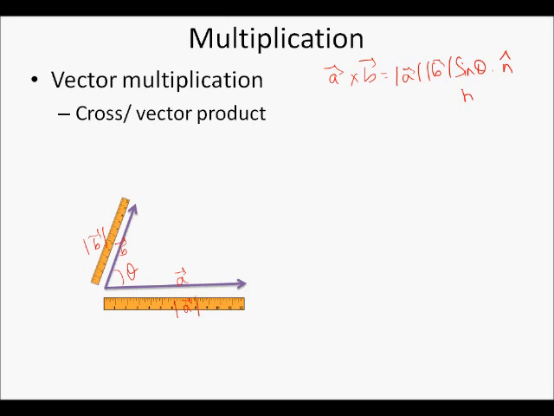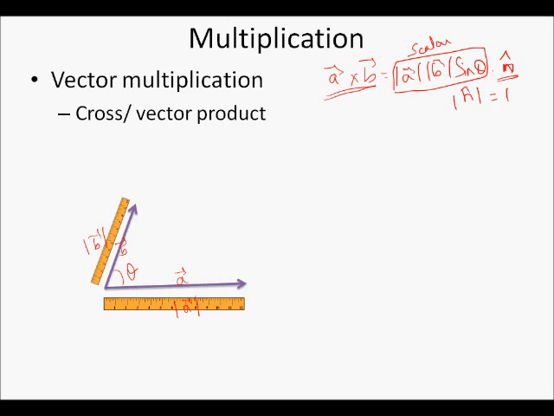The vector n is a unit vector, normal to the plane containing both the vectors. The first part of the definition gives a scalar quantity, just a number, but n is the only vector that specifies the direction. Therefore, a cross b is in the same direction as the vector n.